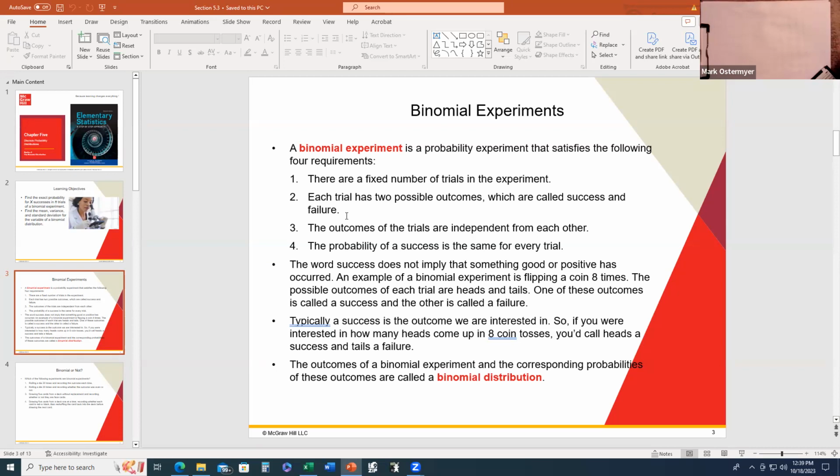Number two, to be a binomial experiment, each trial has two possible outcomes, which are called success and failure. Any trial, ladies and gentlemen, that has two possible outcomes is called a Bernoulli trial. So all binomial experiments have two outcomes per each trial.